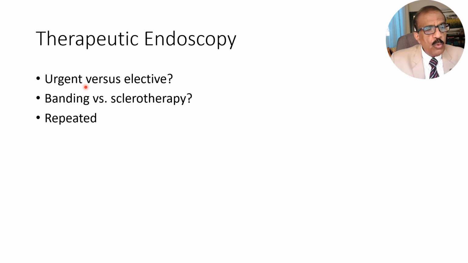But doing endoscopy in a patient who is actively bleeding is not easy. The patient is very unstable and there is a lot of blood in the stomach and you might not get a clear field. So I think urgent endoscopy has got pros and cons, if available and somebody can try it.